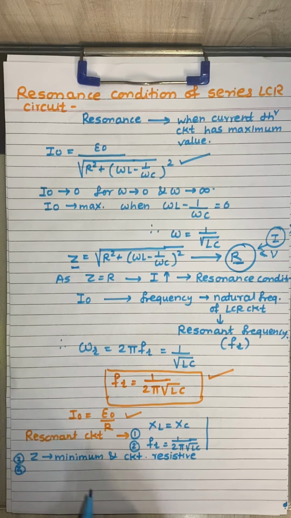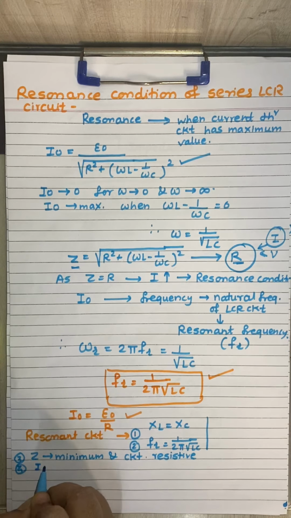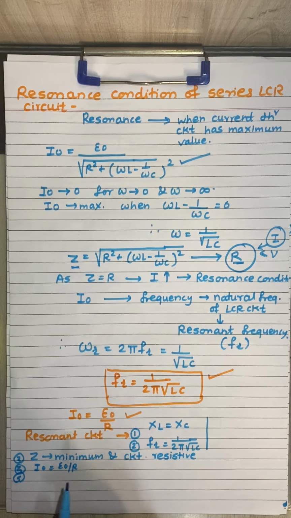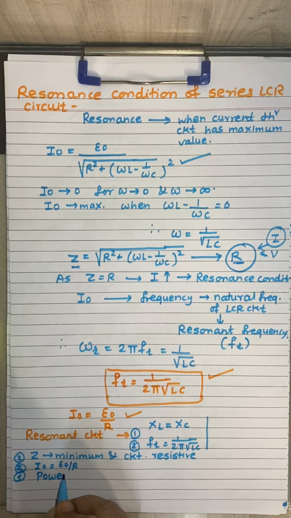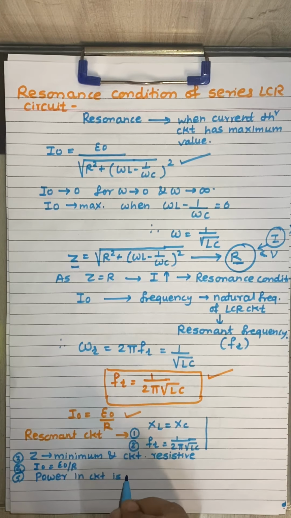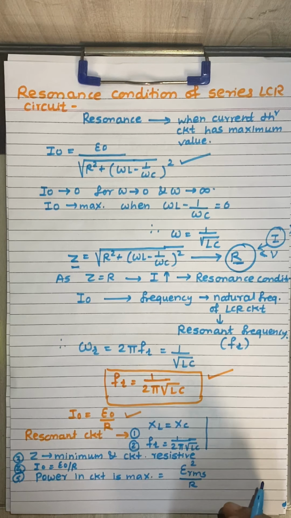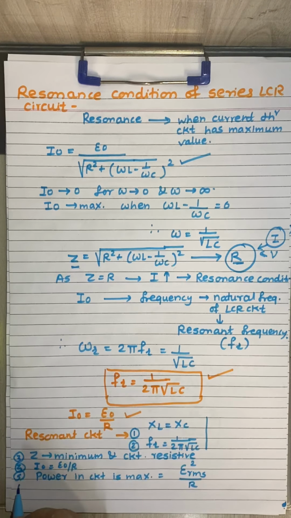The fourth point is that the current has maximum value, I naught is equal to E naught by R. The fifth point is that the power dissipated in the circuit becomes maximum, which is going to be important: power in the circuit is maximum, equal to E RMS square divided by R. The sixth point is that the current is in phase with the voltage, or the power factor is unity.